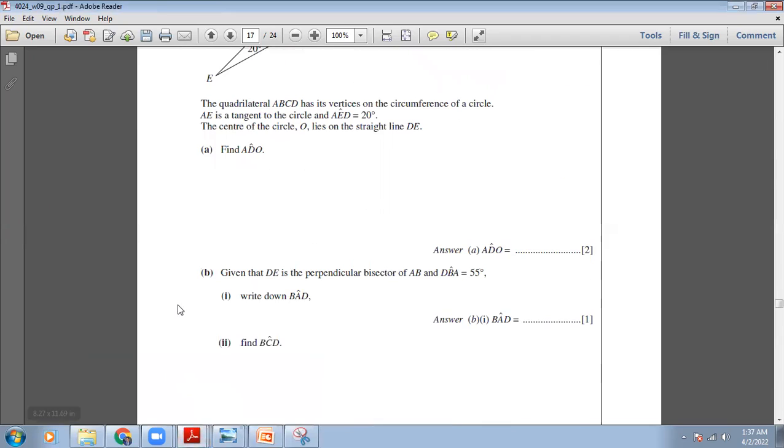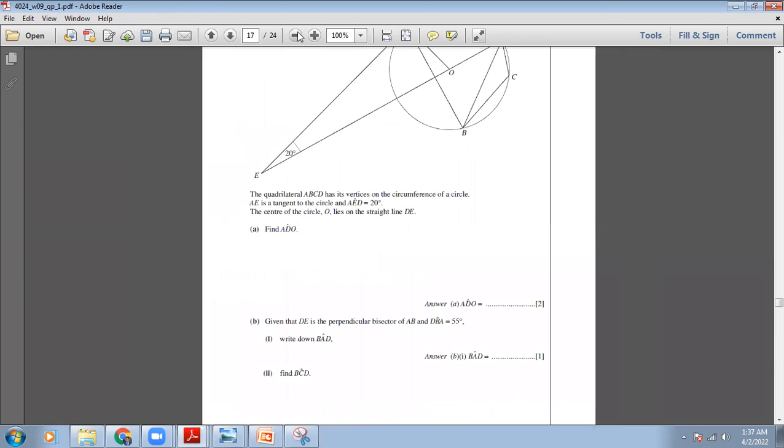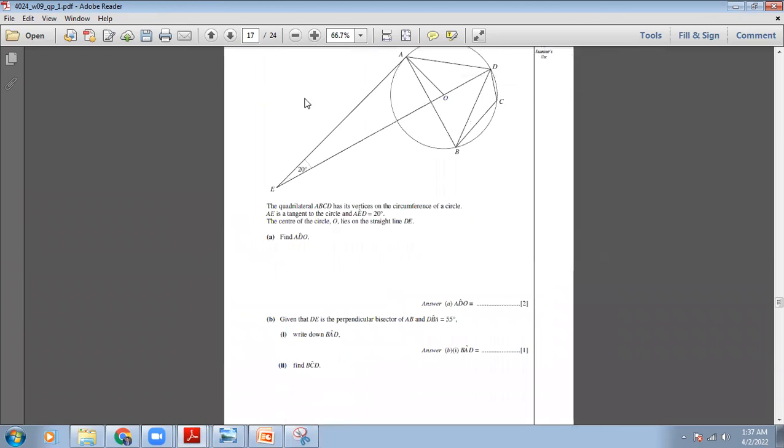Then we have B part. It says, given that DE, where's the D? DE is perpendicular to the bisector of the AB and the DBA.